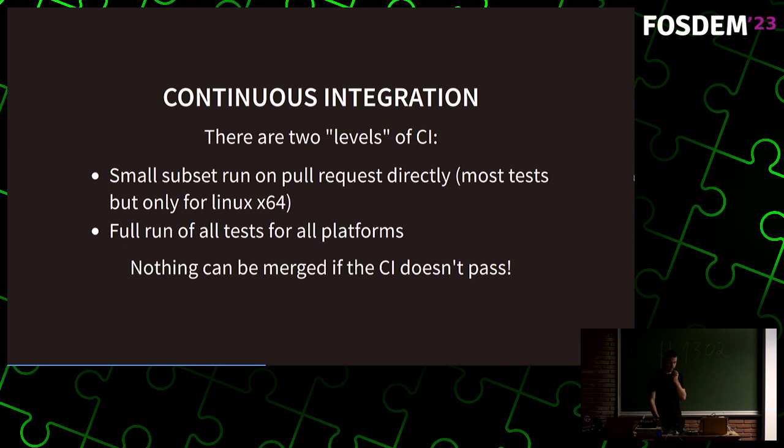So if you made a change in the compiler that breaks a tool, like RustDoc, Clippy, or RustFMT, then we need to be aware of it right away. Otherwise, we are going to have quite a bad time. And all that is done directly on the pull request. So at the current time, it takes around 1 hour to run this small subset.